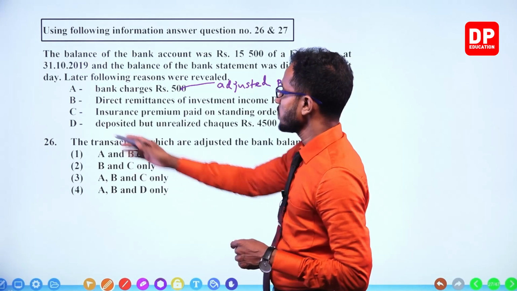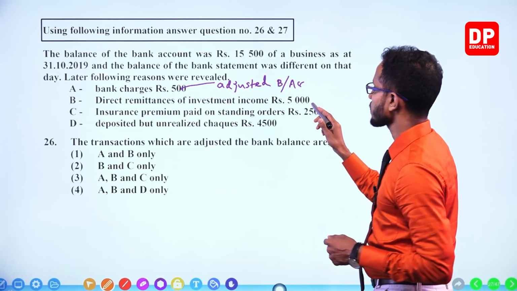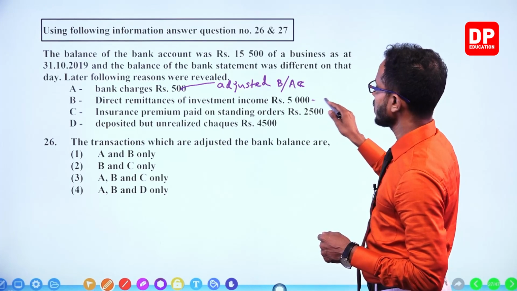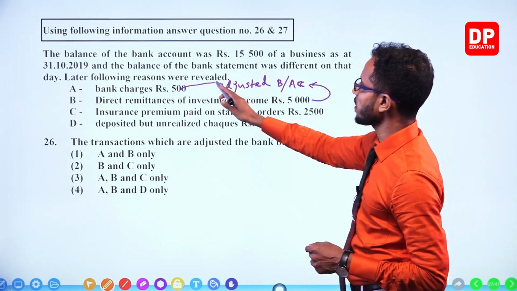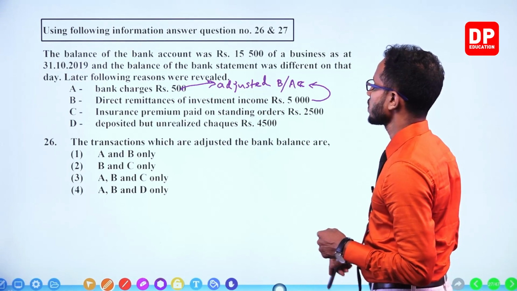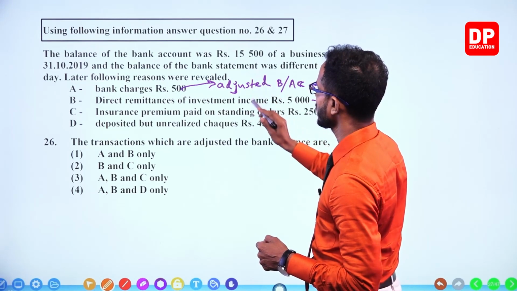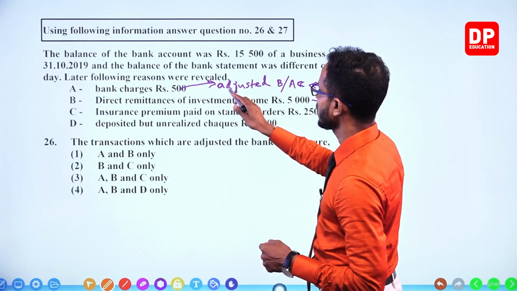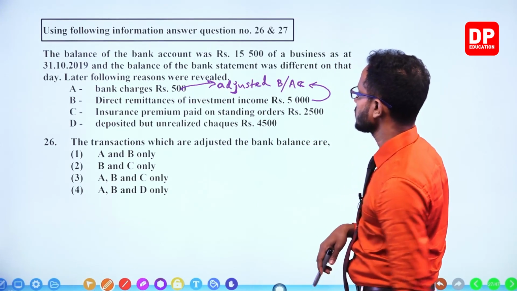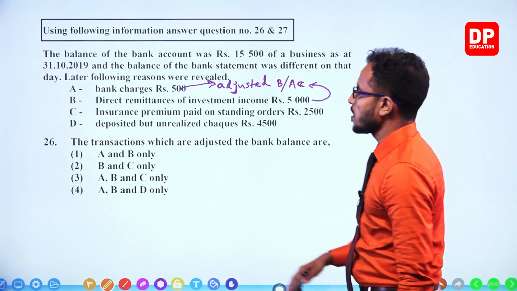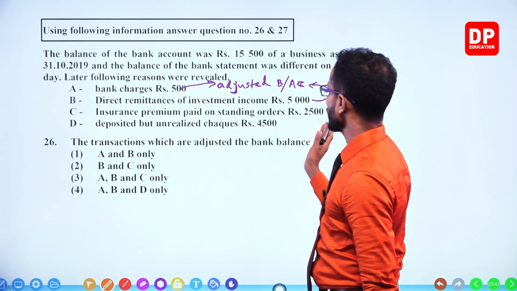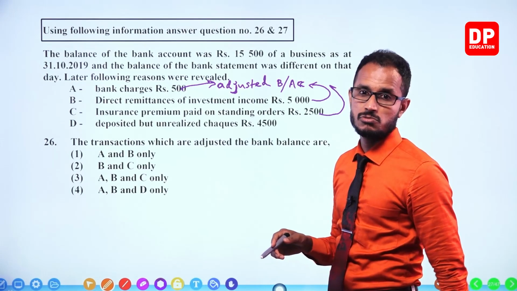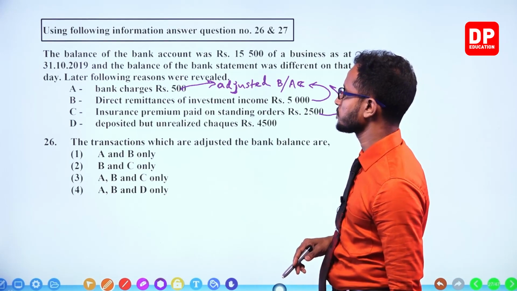Direct remittance is also the same, goes to the adjusted bank account. Insurance premium paid on standing order, standing order is the same also. It should go to the adjusted bank account.